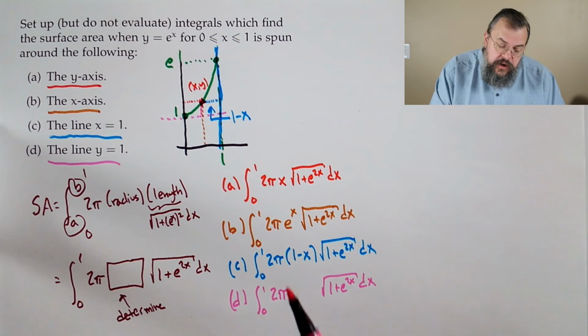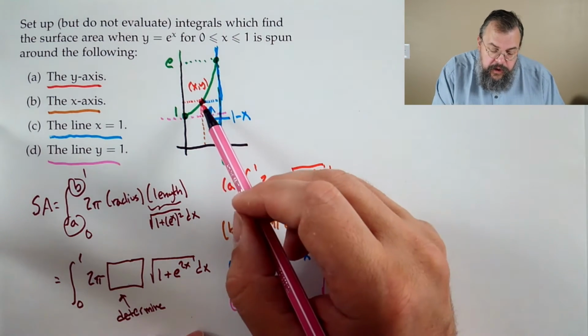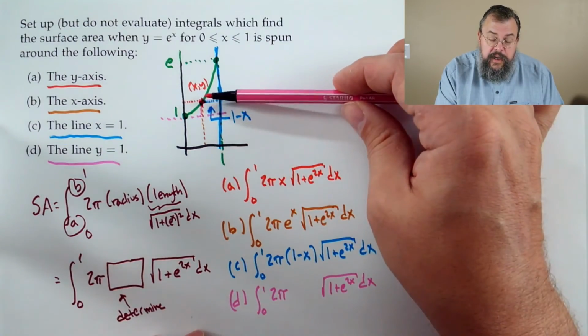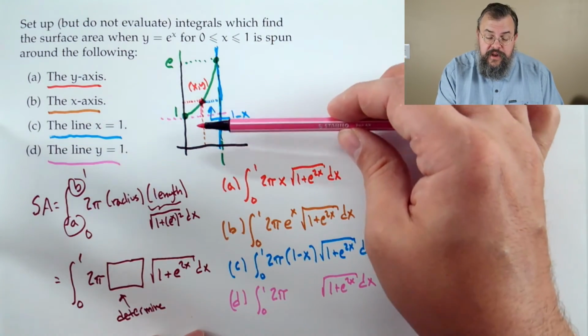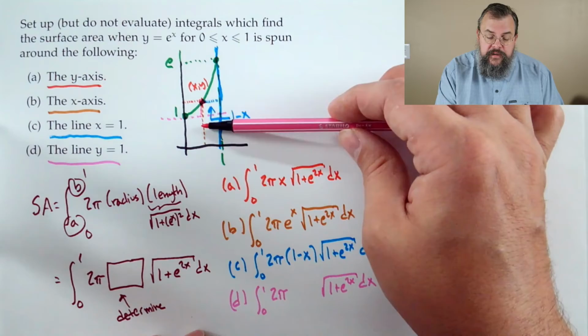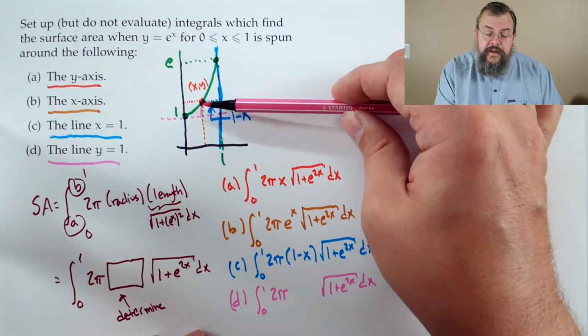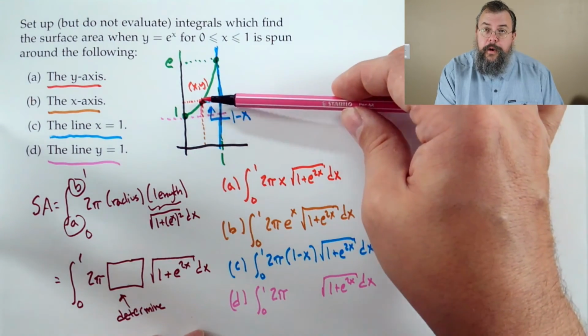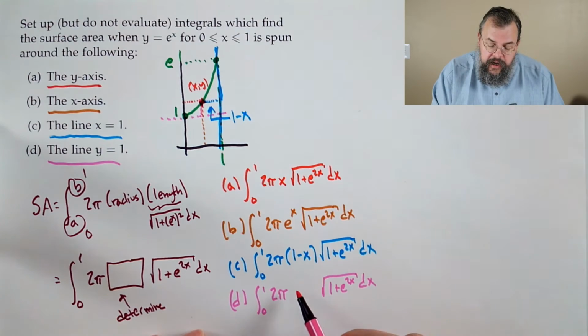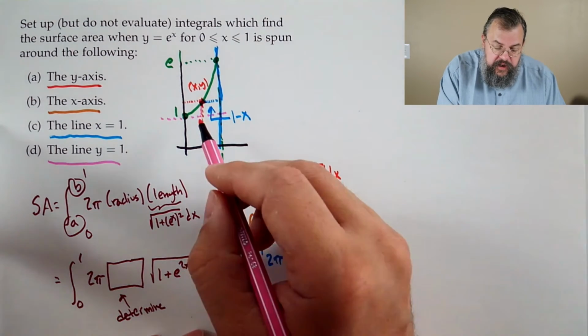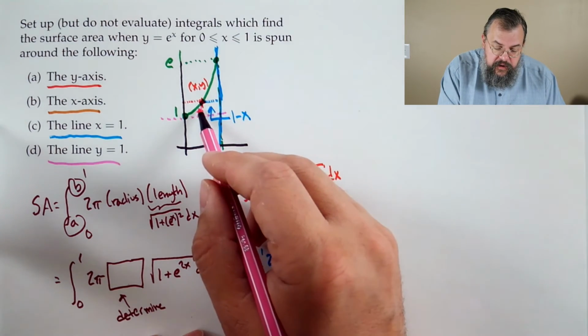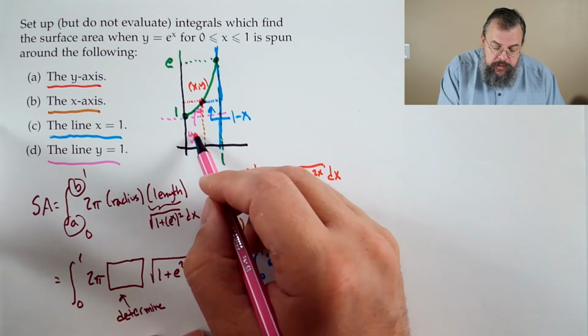So how far is it? Well, you have high minus low. High value minus low value. So here we're at y, here we're at 1, so it's y minus 1.